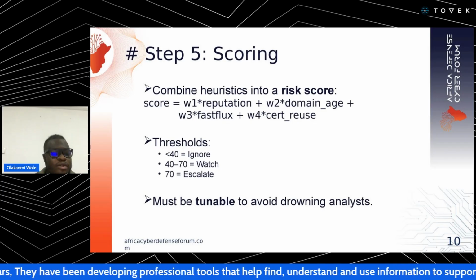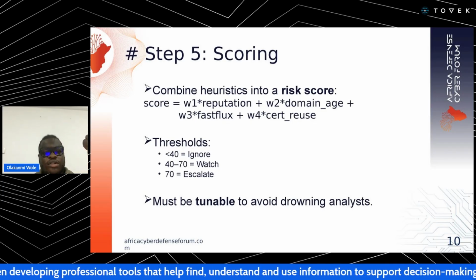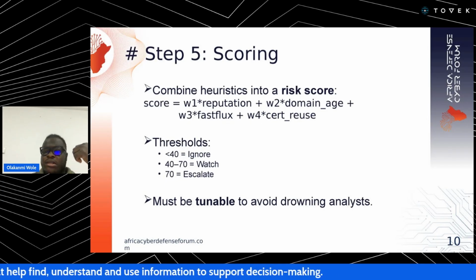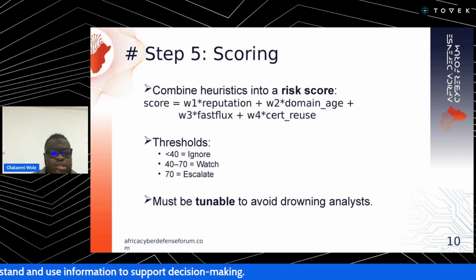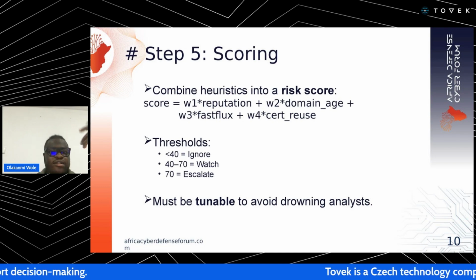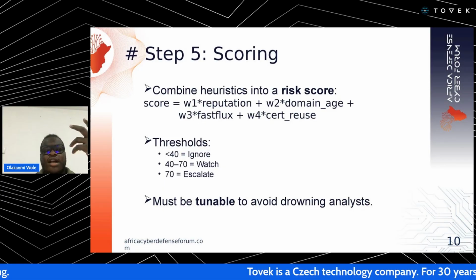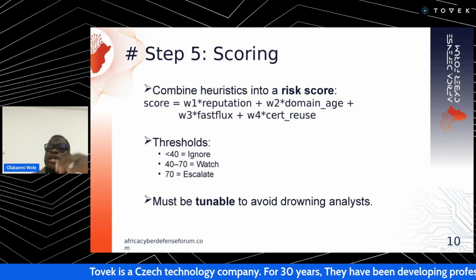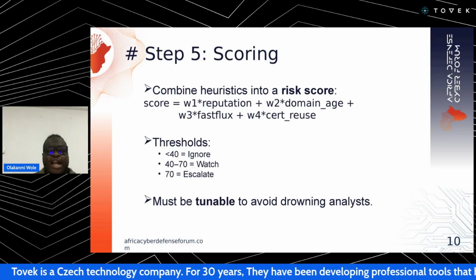Is it the domain reputation, hosting reputation, domain age? Are we seeing fast flux activities? And is there certificate reuse? These are just a baseline.